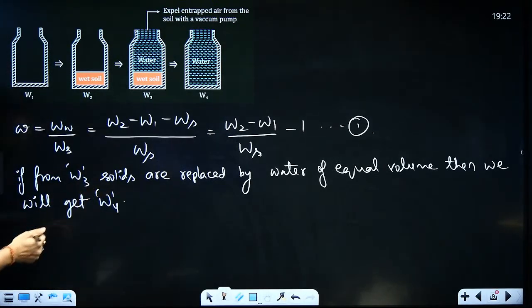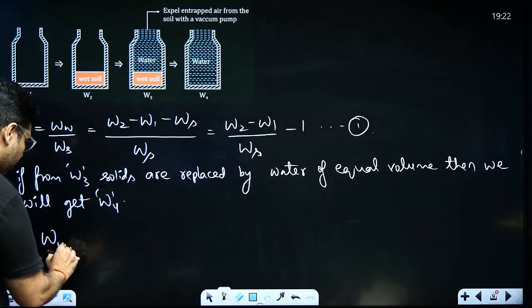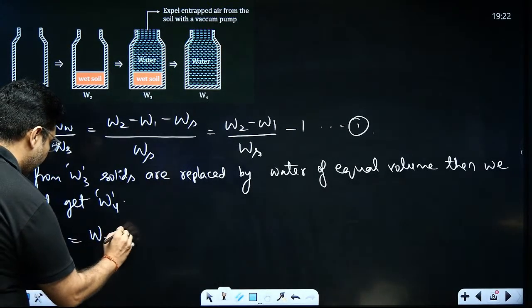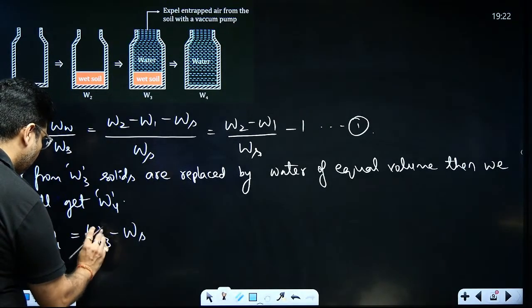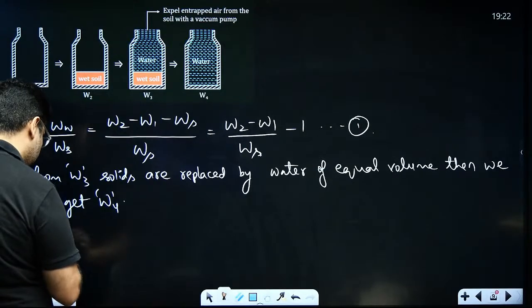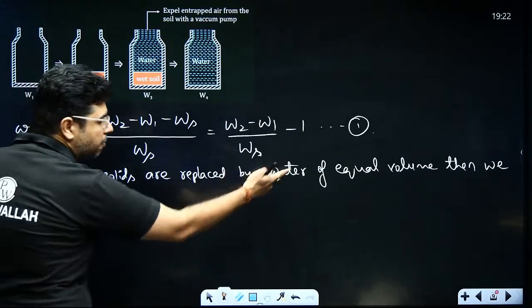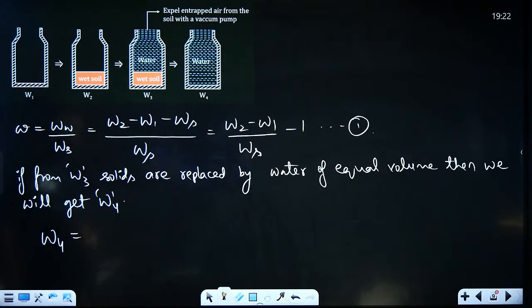So if from W3 solids are removed, W4 is what? W3 minus weight of solids. Now what are you adding? You are adding water having volume of solids. So replaced by water of equal volume, then we will get W4.